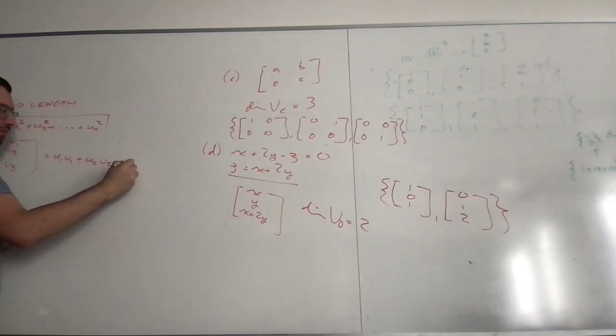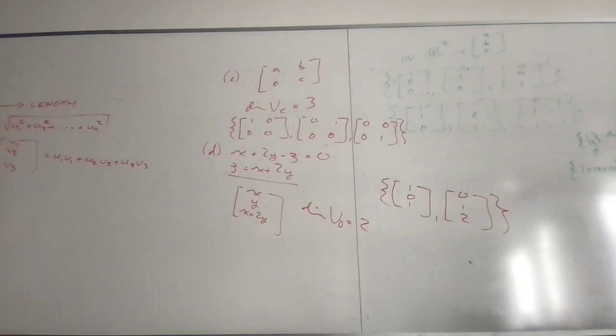Exactly. Is there another formula for u dot v? Yes: the norm of u times the norm of v and the cosine of the angle between them. Exactly.